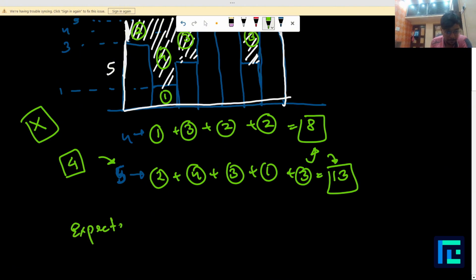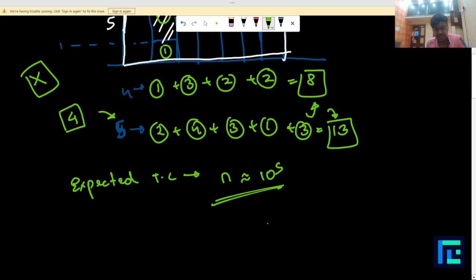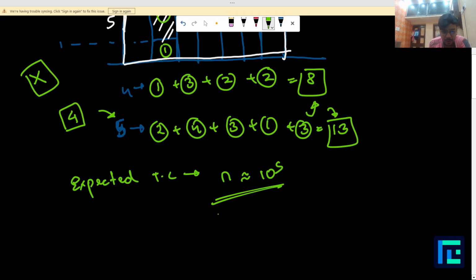Expected time complexity. If you look, the number of elements in this array A, that is, the heights array, is of the order of 10 power 5, isn't it? So any complexity that is square root of n, log n, n, n log n, something like this, will always work.